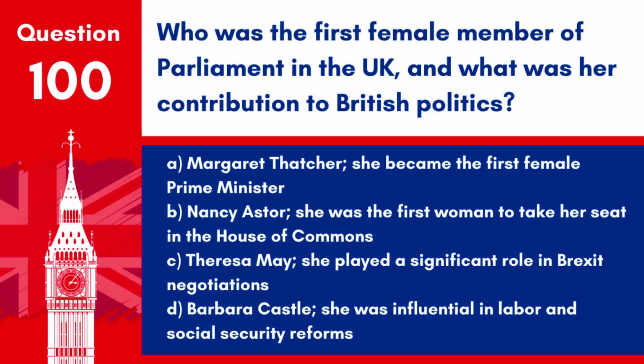She played a significant role in Brexit negotiations. D. Barbara Castle. She was influential in labour and social security reforms. Answer: B. Nancy Astor. She was the first woman to take her seat in the House of Commons. Elected in 1919, Nancy Astor was a pioneer for women in British politics.